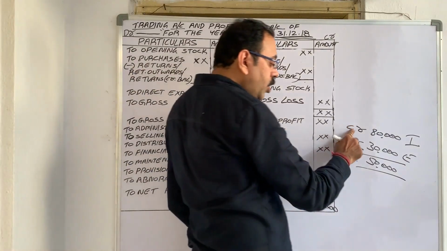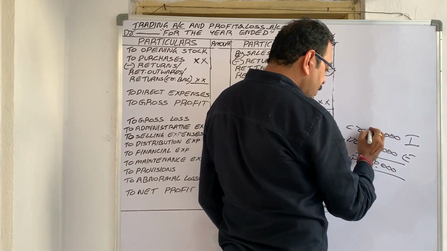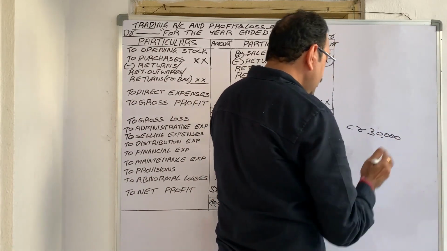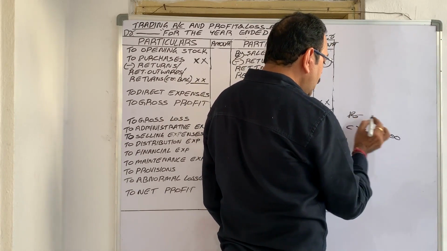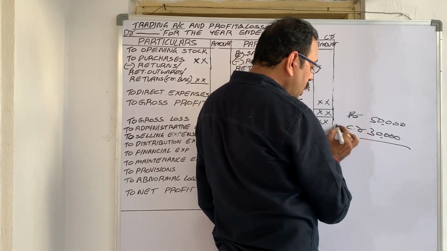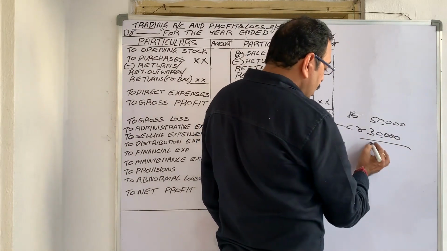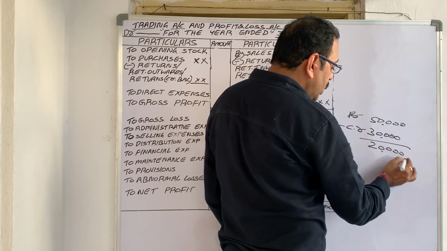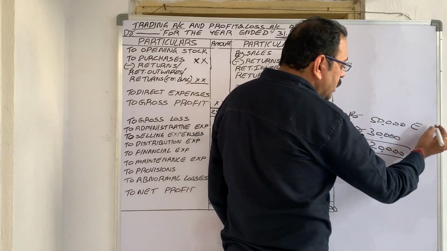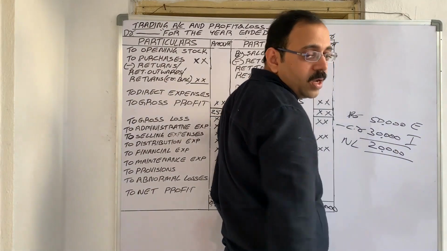Suppose credit total is less than debit total. Debit total is say 50,000 and credit total is 30,000. Then the difference 20,000 is what? Net loss, because expenses are more than incomes.